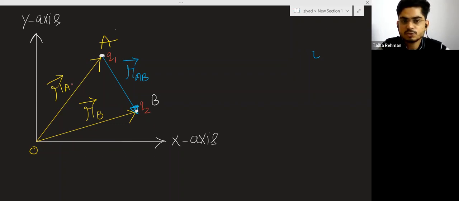The distance between these two charges is, you can take the magnitude of this, then you will get the distance. You can say the distance between the two charges is, there is a difference between the distance and the displacement.